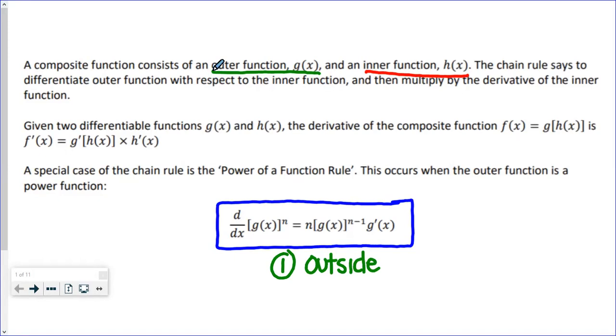We are going to take the derivative of the inside function. And all of that is going to be part of my process, okay?